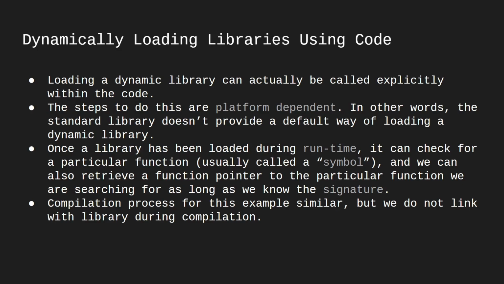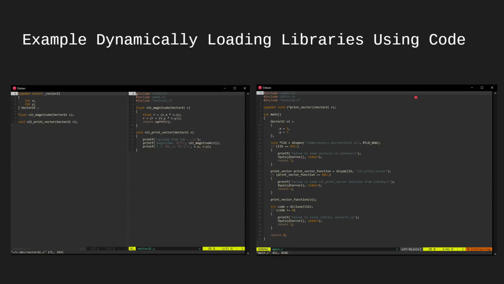Once a library has been loaded during runtime, it can be checked for a particular function, usually called a symbol, and we can also retrieve a function pointer to that function we are searching for, as long as we know the signature. The compilation process for this example is similar, but we do not link with the library during the compilation process.